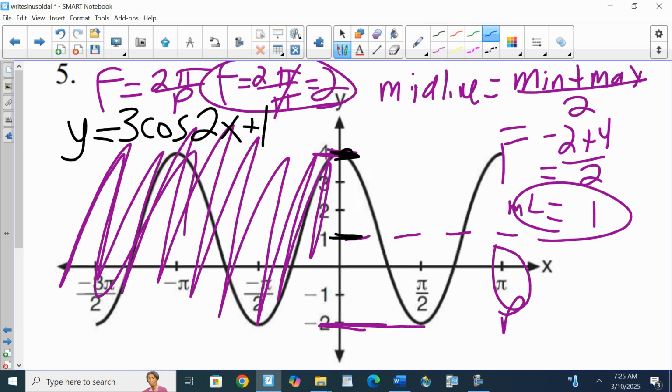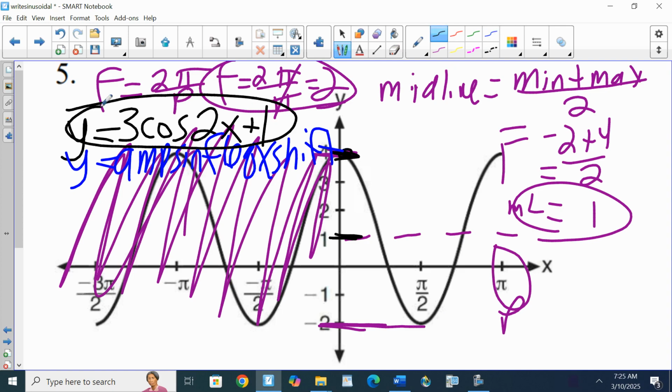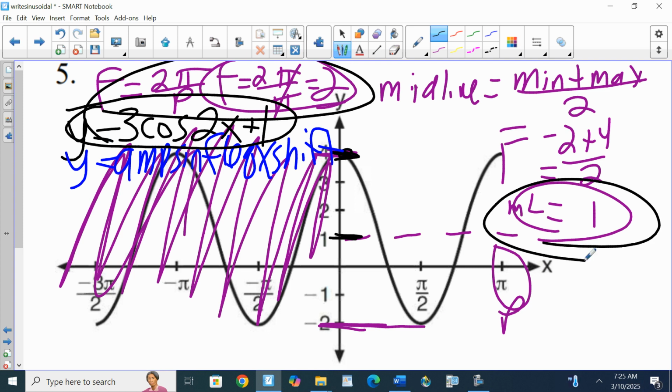Remember, y equals amp sine freq x shift. We use that and we substitute our components in. The only thing, again, when you're writing it, start by finding the frequency, 2 pi over the period, and find the midline, min plus max over 2.